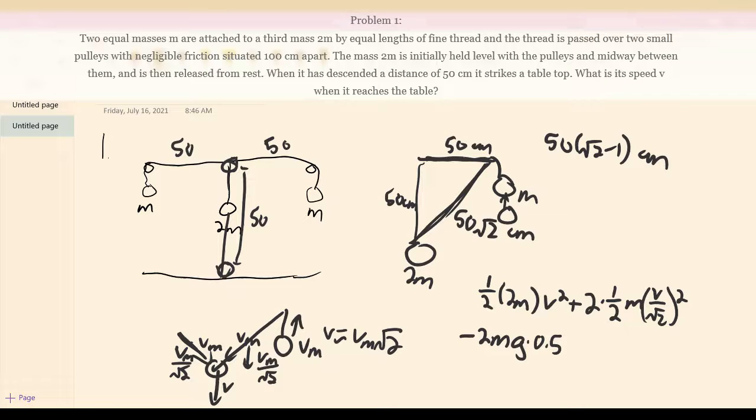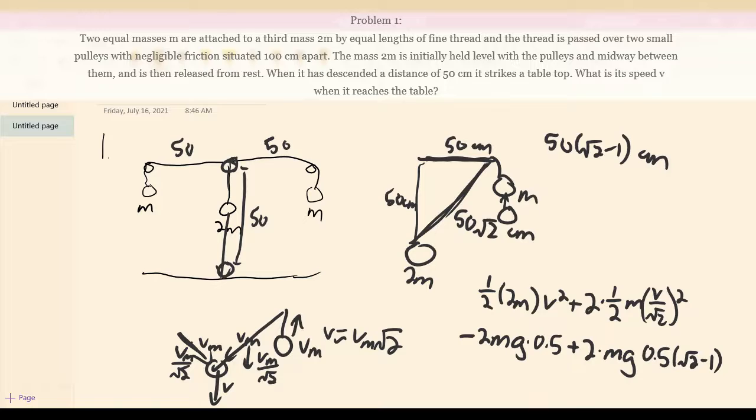However, these two smaller masses m have both moved up. So you would have to add them again: 2 times mg times the distance we already found earlier, 0.5 times (square root 2 minus 1) meters.